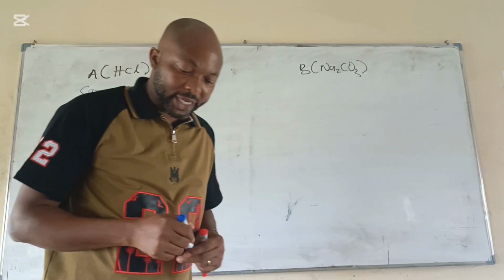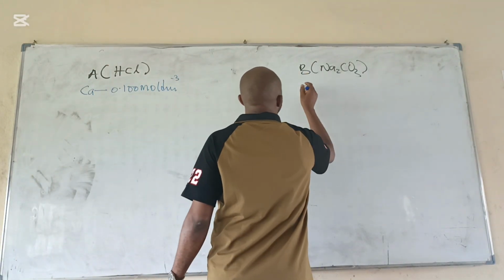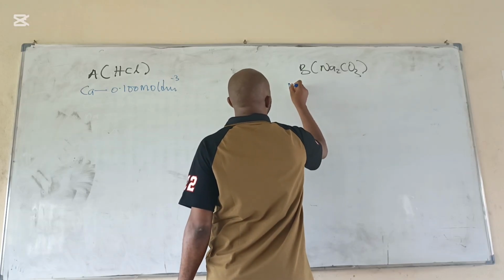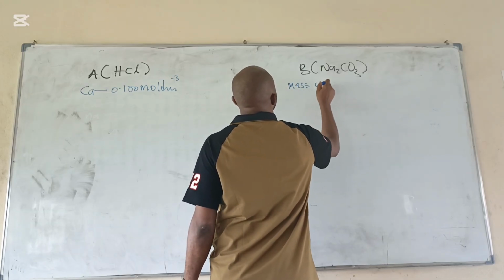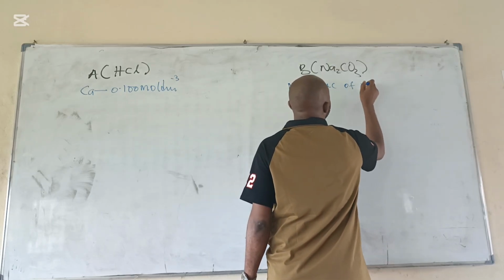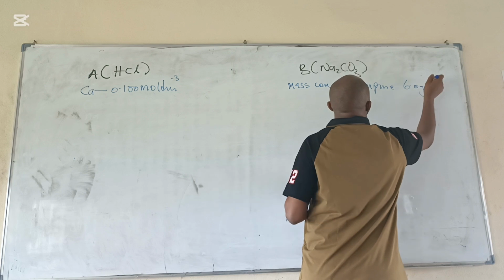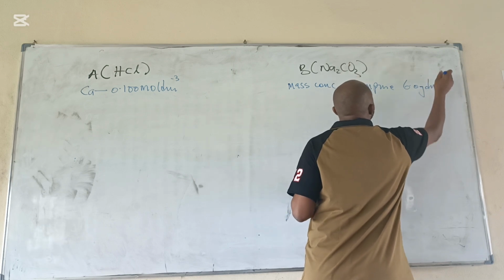B contains 6 grams of a mixture, so the mass concentration of impure is 6.0 gram per dm cube.